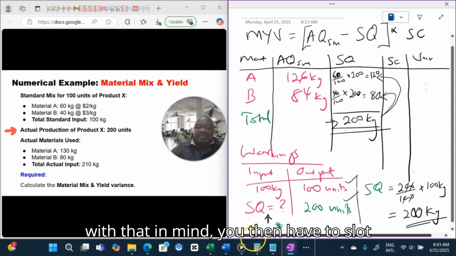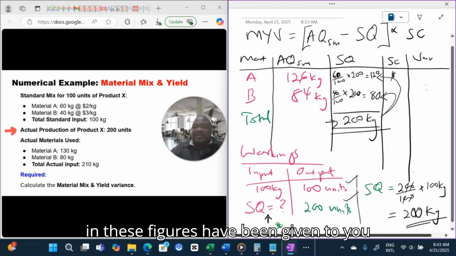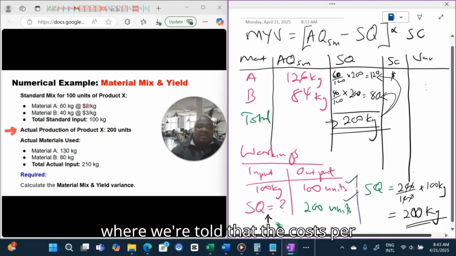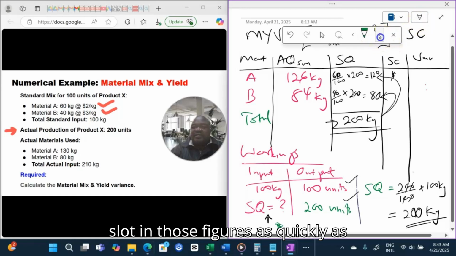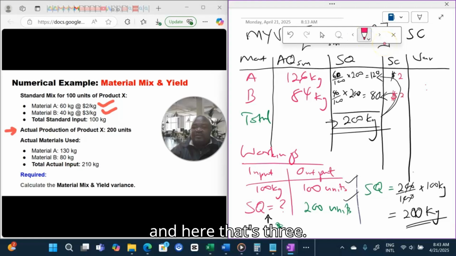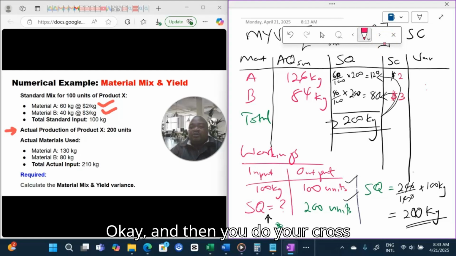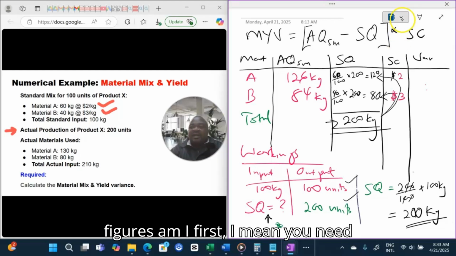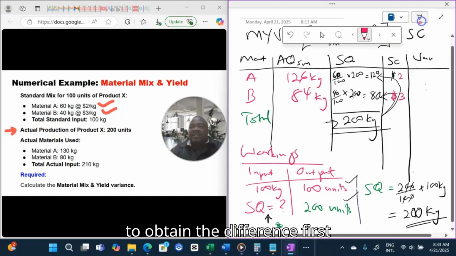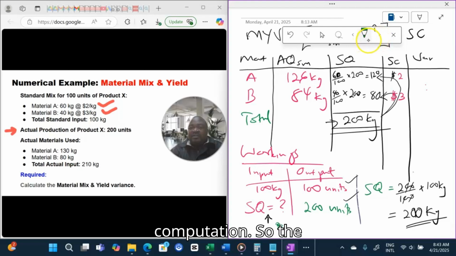With that in mind, you then have to slot in these figures that have been given to you, where we're told that the cost per kg for material A was $2, for material B $3. So you have to slot in those figures as quickly as possible. That's 2, and here that's 3. Then you do your multiplication, but you need to obtain the difference first before you do the computation.